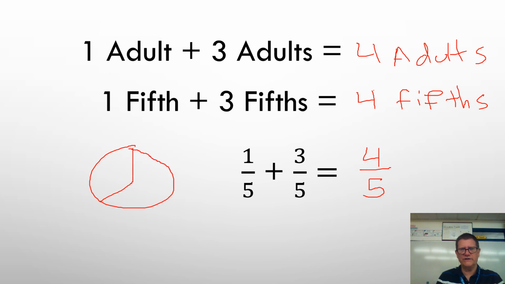And I'm going to try to split this up into 5 equal parts. It's going to be close, but there's 5 parts. Now, if I were to add those, let's get a different color so we can see it. Let's say this here is 1/5 right there. And I wanted to add 3 more fifths. There's 1, 2, and 3. I can see when I added them up, I would get 4/5.